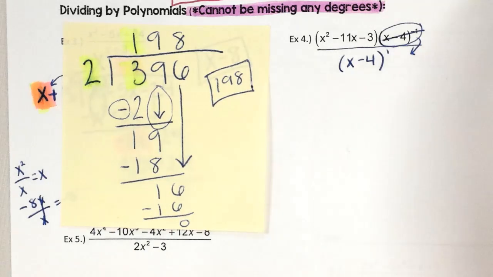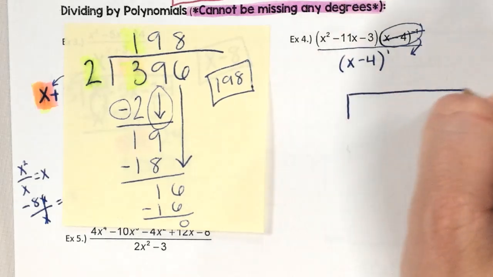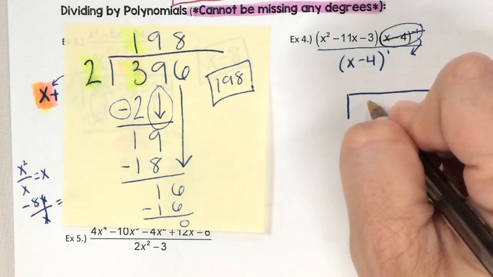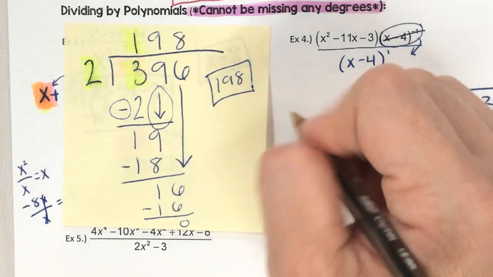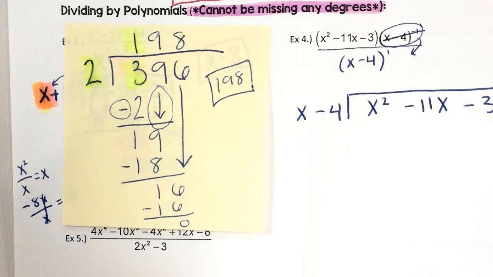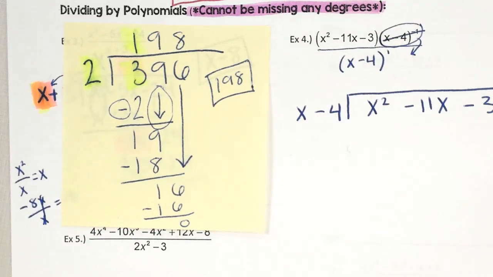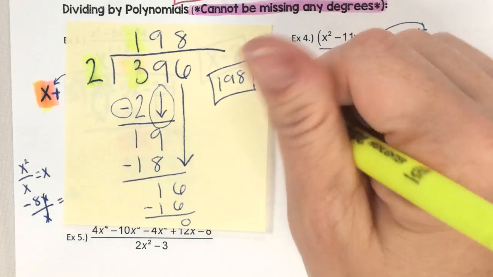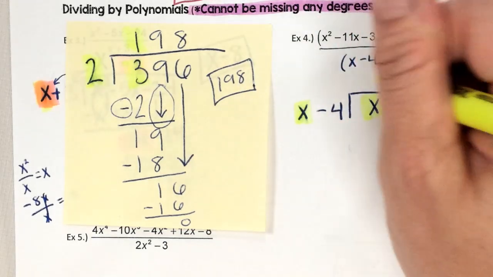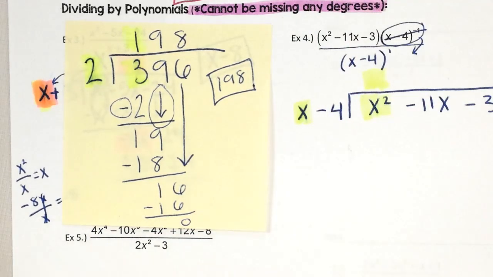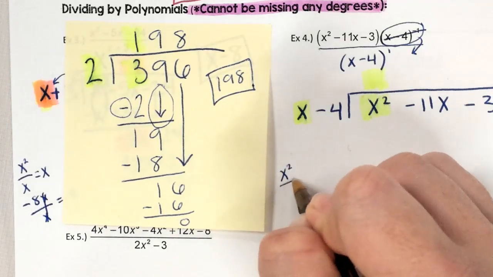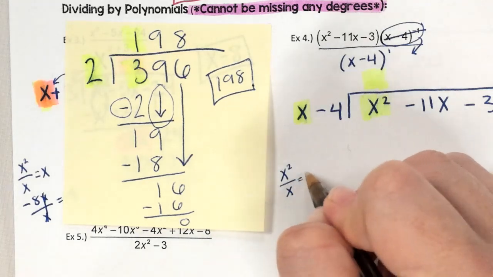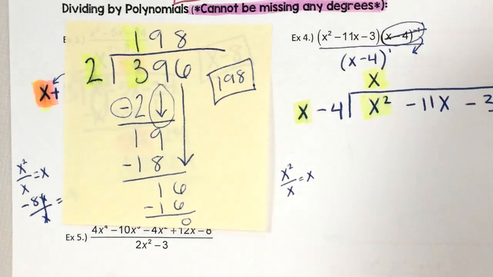Okay? So knowing that, what goes inside my house and what goes outside? Top goes inside. Bottom goes outside. So inside divided by outside just gives me x. Then what?